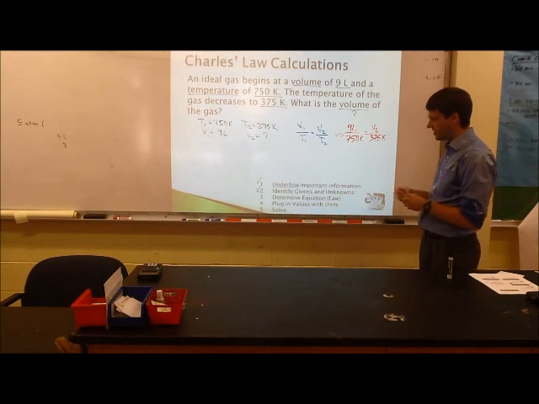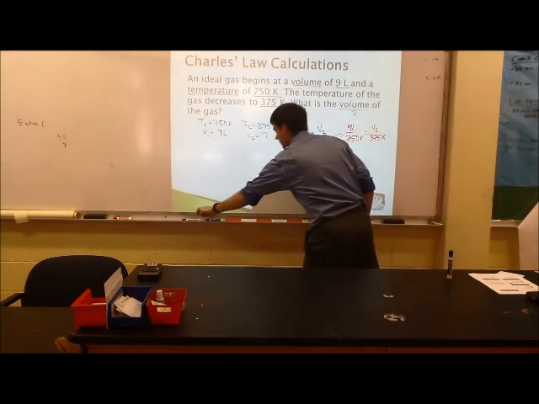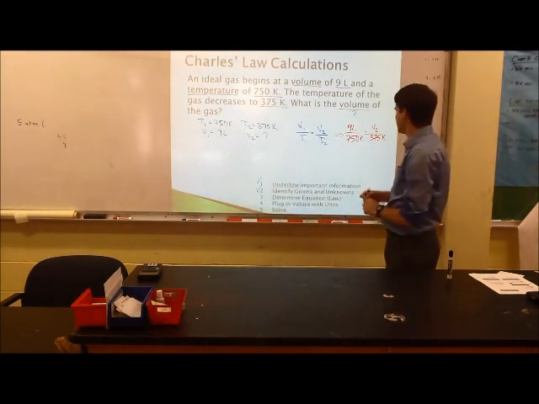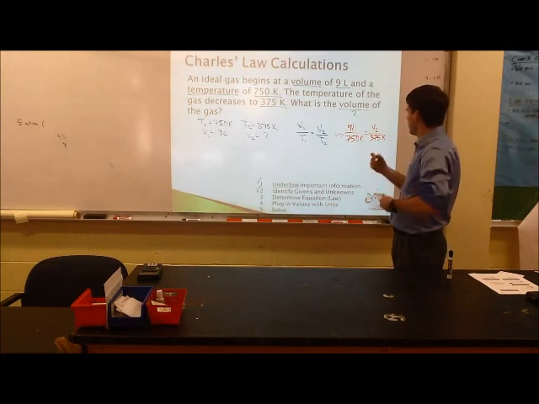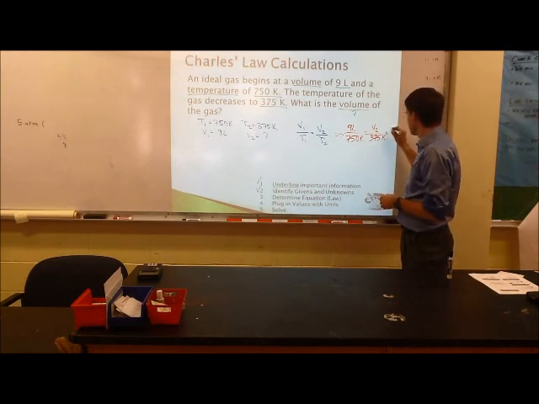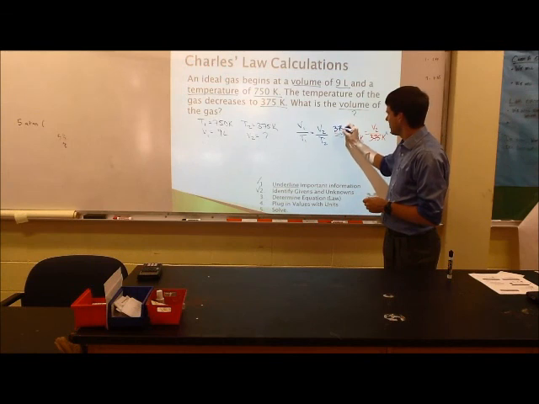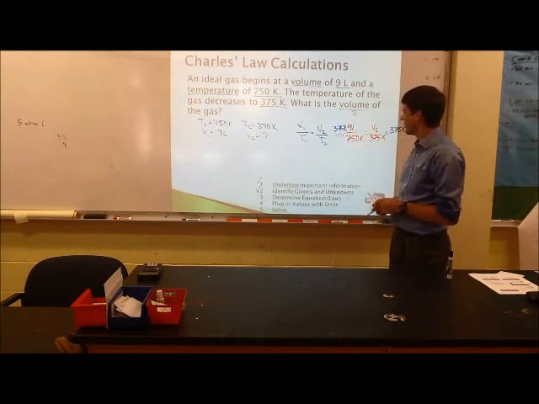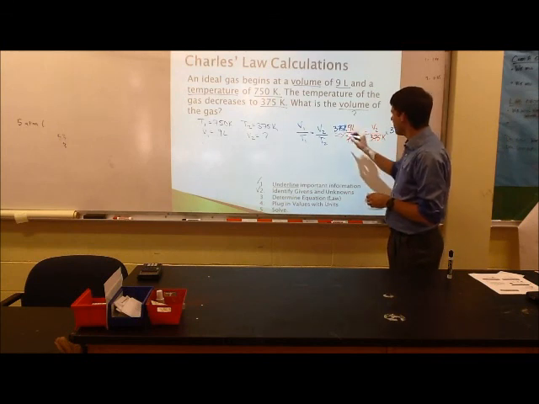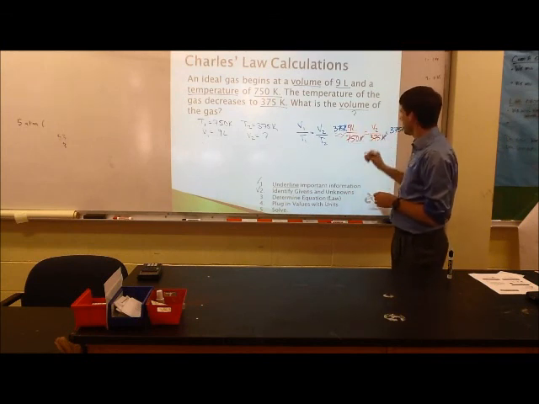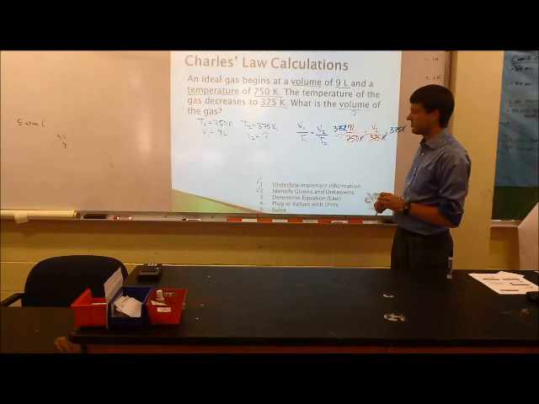To solve this, we need to get V2 by itself. We're going to multiply by 375 Kelvin to both sides. Notice that the Kelvins will cancel out, leaving us only with units of liters.